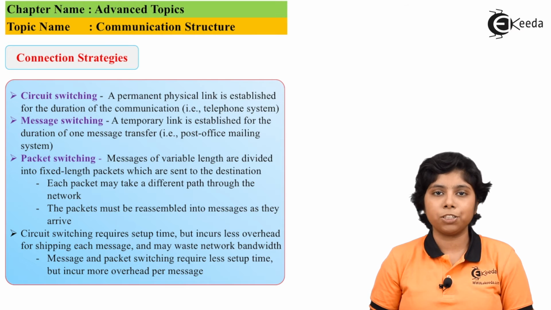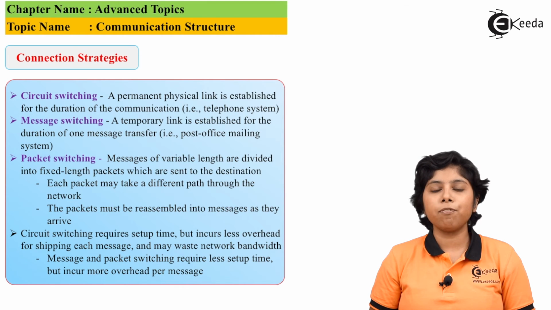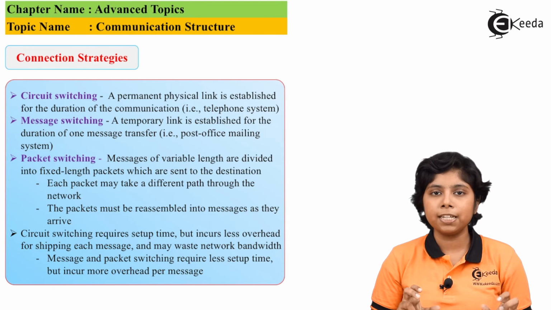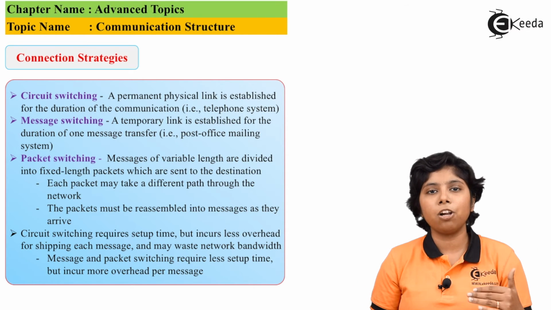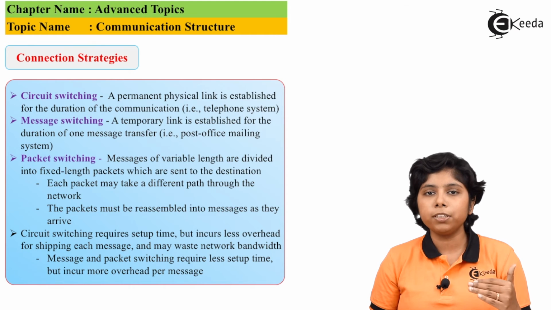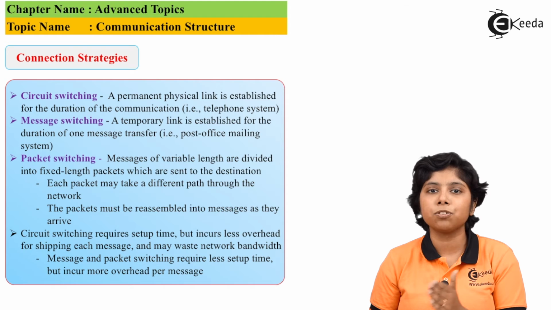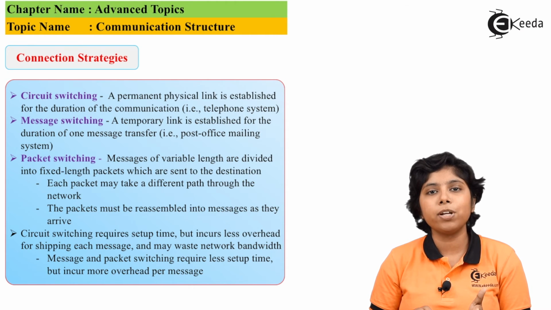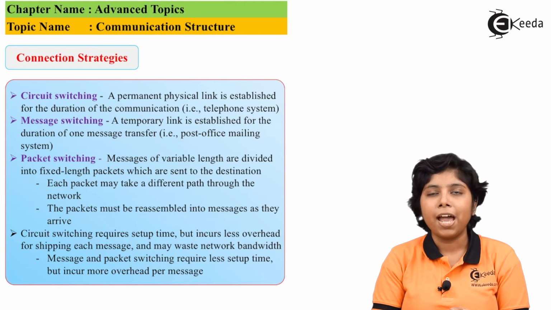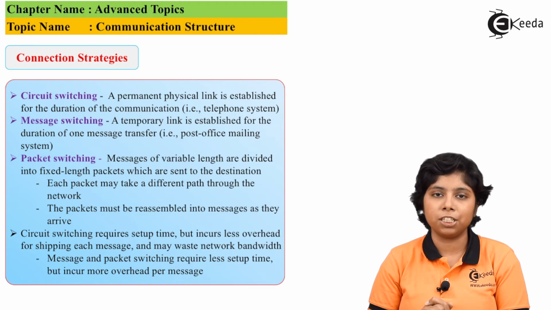The last one is packet switching. In packet switching, first the messages are divided into fixed size packets, and then these packets are sent along the links. In a more secure way, the host sends messages in terms of packets to the destination, where the packets are reassembled into the message, and then the message is read by the destination.